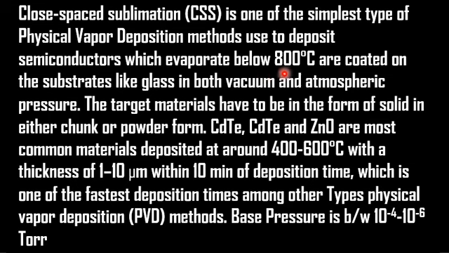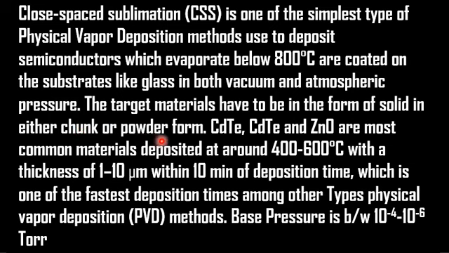And that evaporated semiconductor material is coated onto the surface of the substrate like glass in both vacuum and atmospheric pressure. The target material has to be in the form of solid, in either chunk or powder form.